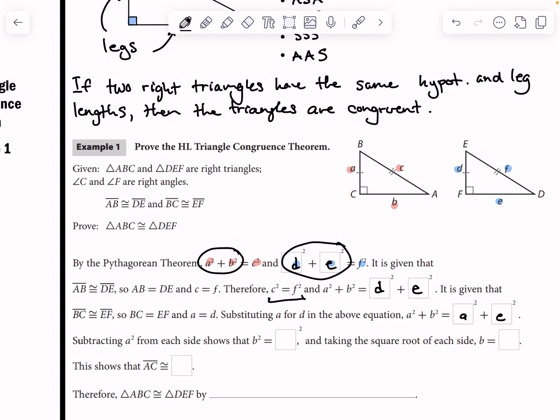What we're going to do is subtract a squared from both sides, and we're left with the equation b squared equals e squared. Then by taking the square root of both sides, squares undo square roots, we really have b is equal to e.